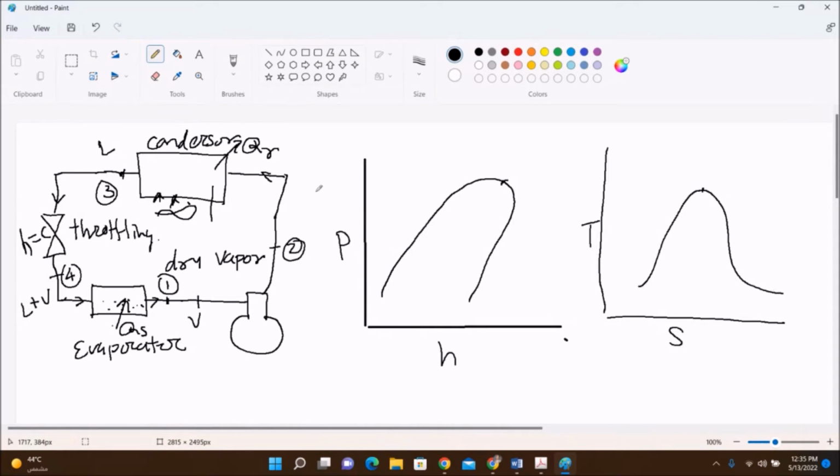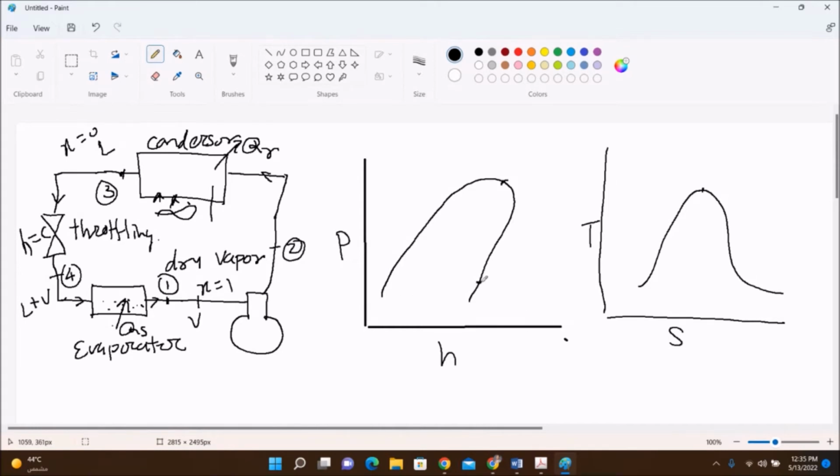Now, first point: I know the outlet of the evaporator is at very low temperature and low pressure, and it is a completely dry vapor. So dry vapor means on the curve. I know x is equal to 1 here, and here x is equal to 0, which means it is liquid.